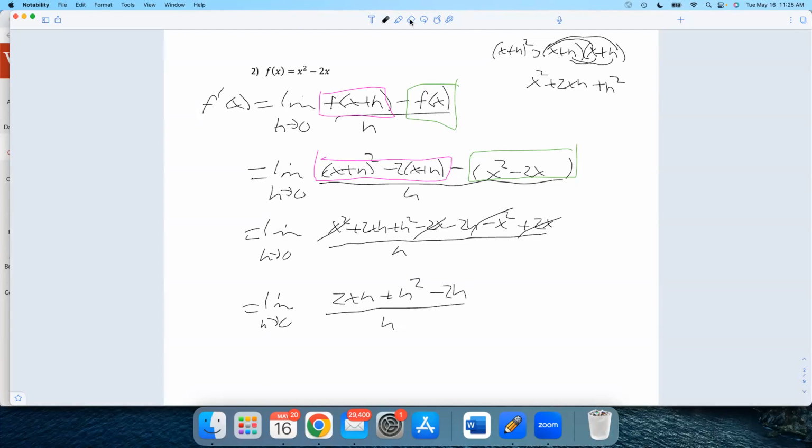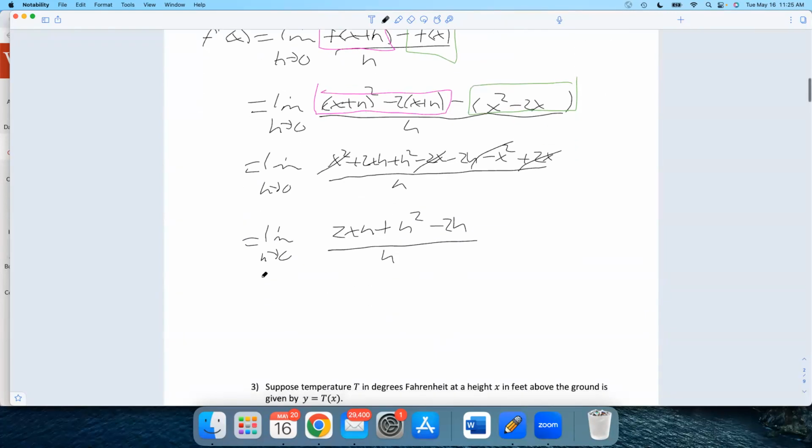That's a plus right there. Let me fix that. See how every term on top has a factor of h. So that's our next step, is factor out that h. That's a plus again. And then at this step, the h will cancel every single time.